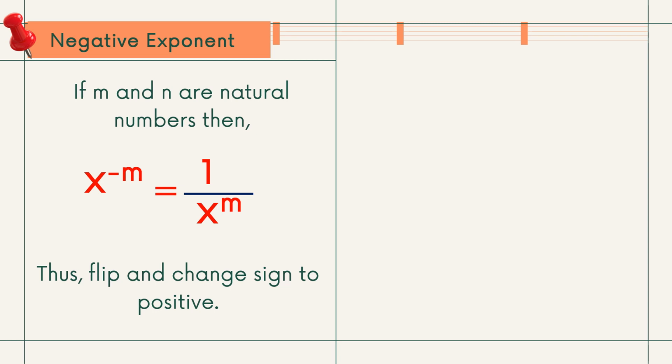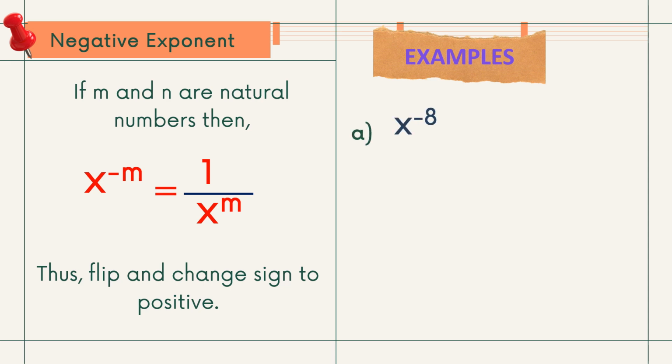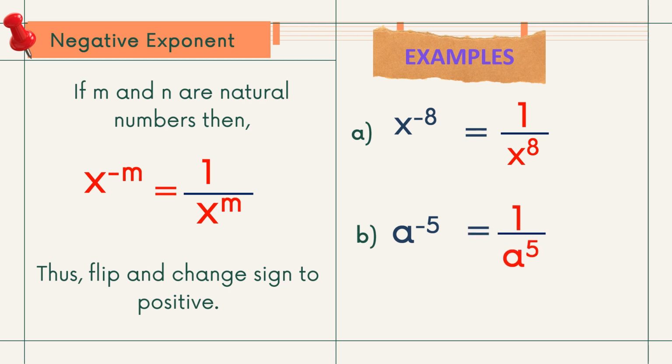Let's study the following examples. The first one is x to the negative 8 power. The answer is equal to 1 over x to the 8th power. Look at the exponent. It is already positive. The second one is a raised to the power of negative 5. And the answer is equal to 1 over a raised to the power of 5.